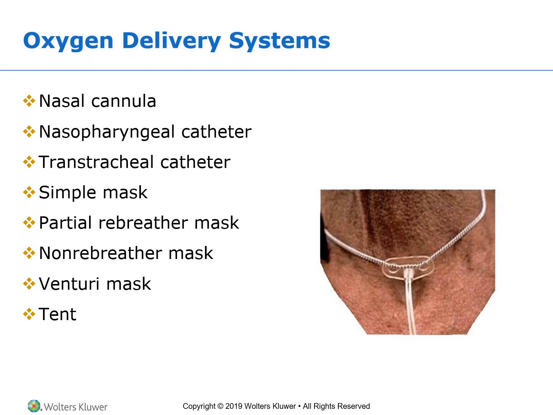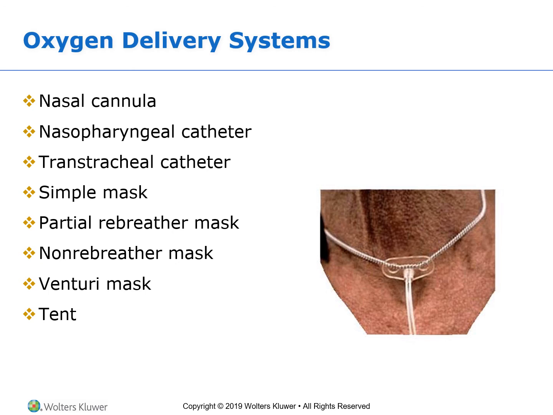So for nasal cannulas, they recommend anywhere from 1 to 6 liters on low flow. And your author actually says you can go up to 15 liters on high flow. For a simple face mask, generally that's for 5 to 8 liters. Partial rebreather, 8 to 11 liters.